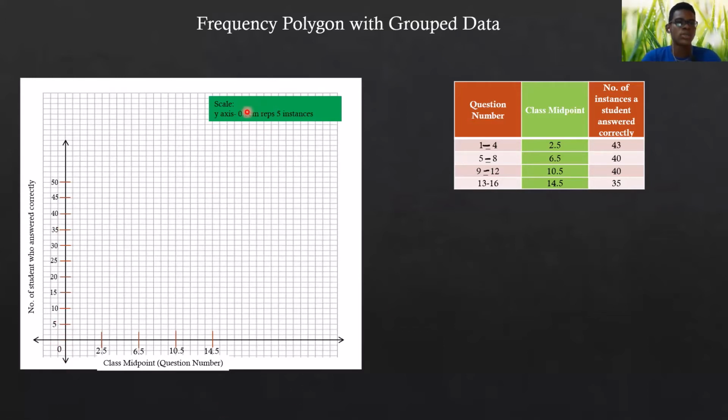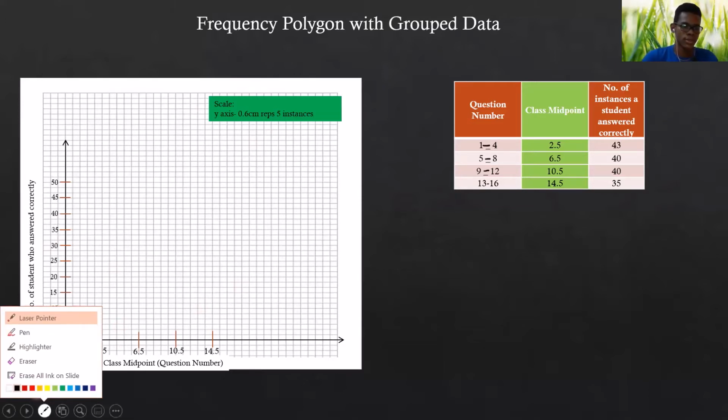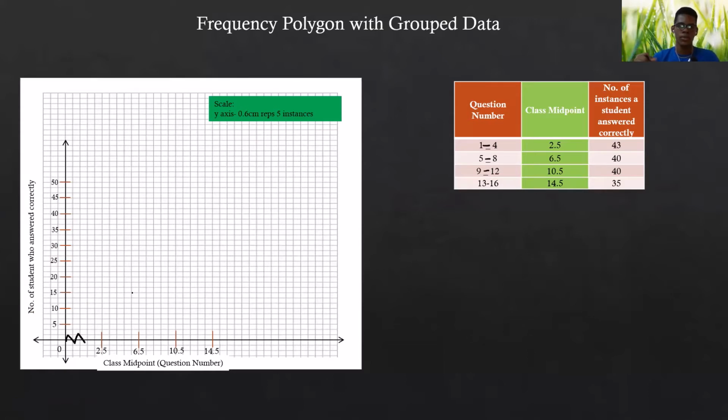So our scale that we're working with just has the y-axis scale, but every 5 is 2.5 or 4.